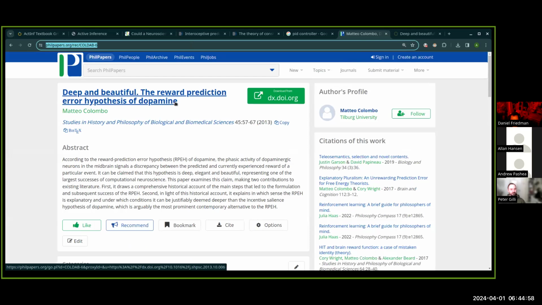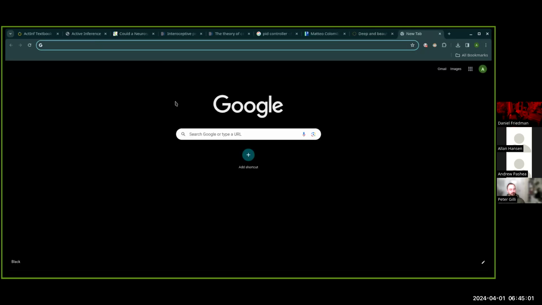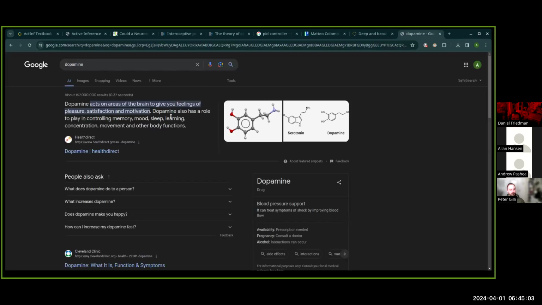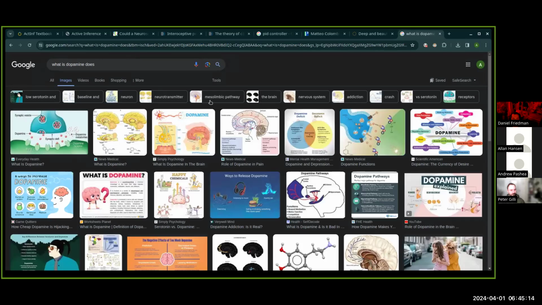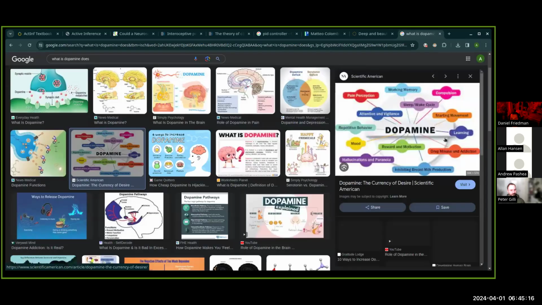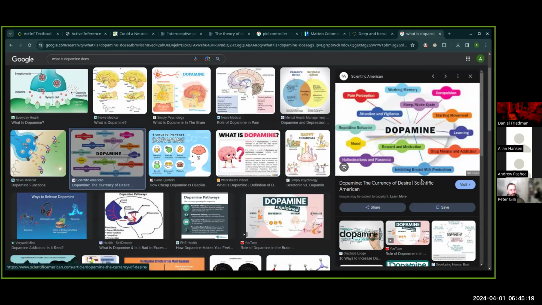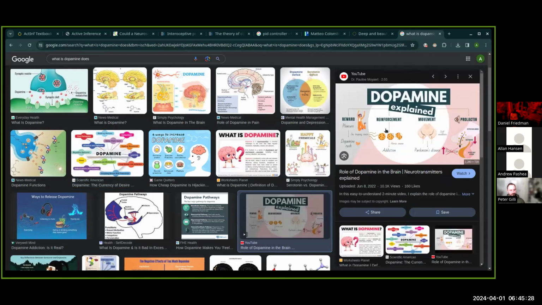I mean, if we look it up, let's predict, is it going to call dopamine a reward molecule? Pleasure, satisfaction, motivation. What does dopamine do? I mean, desire. So it's framed in this kind of salience, motivation, reward, reinforcement, but there's other functions for it.